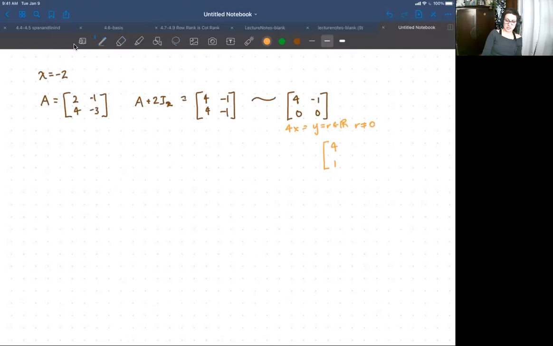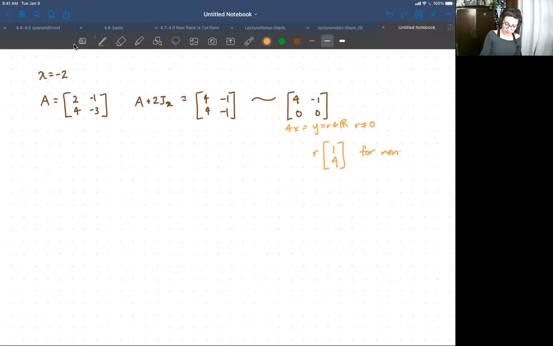Is that right? Yes, I think that's right. Because this tells me that y would be 1/4 and then x would be -1/4 y. I think it's backwards. I'm totally editing this part out in the actual thing. Okay, so I've got 4x equals y, which tells me that if y is 4, x is 1. So I'm looking at scalar multiples of (1, 4) for the eigenvectors associated with lambda equals -2 here.